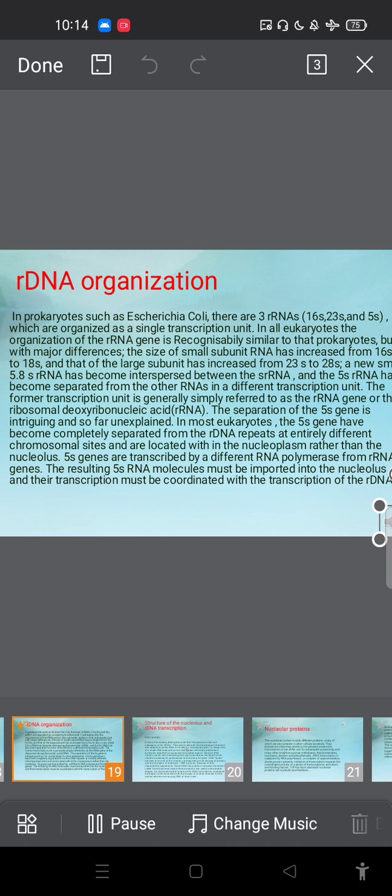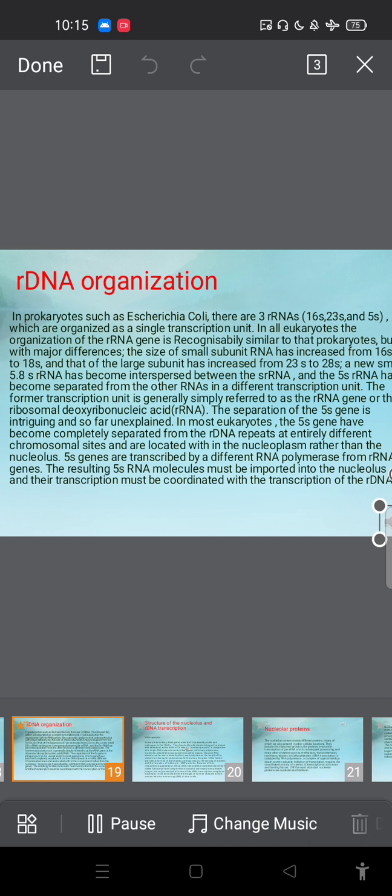The size of the small subunit RNA has increased from 16S to 18S, and that of the large subunit has increased from 23S to 28S. A new small 5.8S rRNA has become interspersed between the small and large subunit RNAs, and the 5S rRNA has become separated from the other RNAs in a different transcription unit.